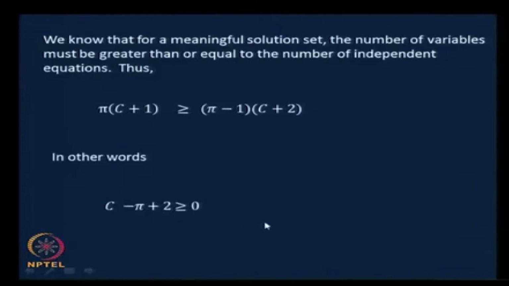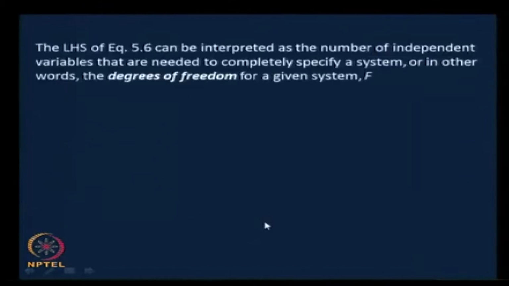That is essentially what this means, and this is what brought us to the concept of degrees of freedom. This is where it arises from. The degrees of freedom was C minus pi plus 2, and this is nothing but the number of variables that are short in equating the number of variables to the number of independent equations that are available.